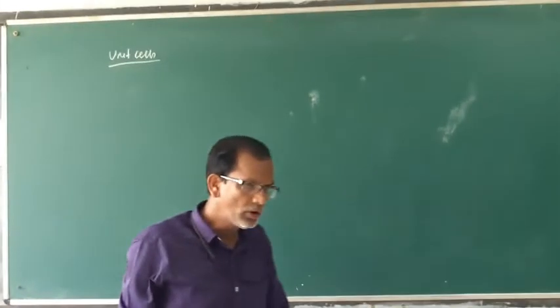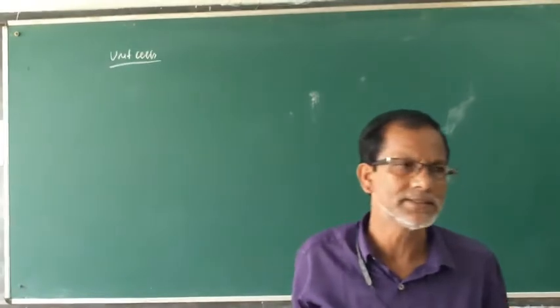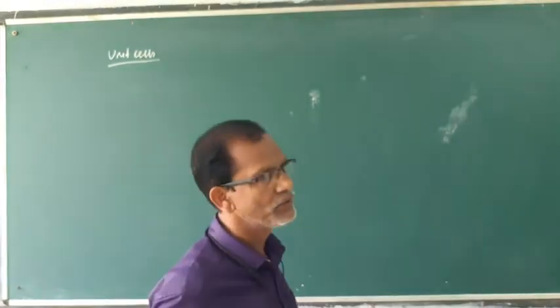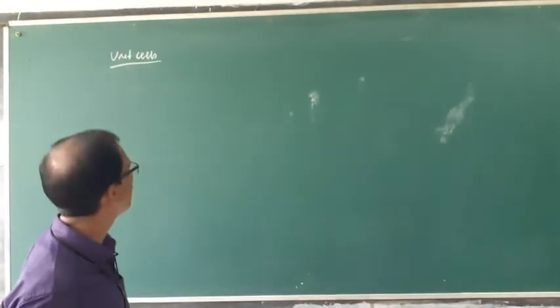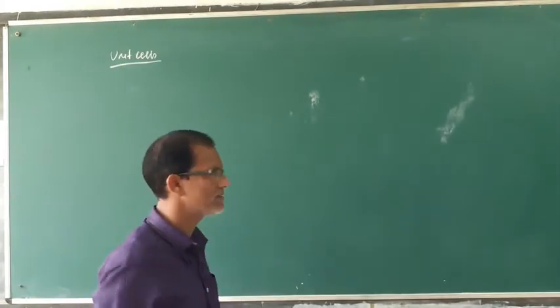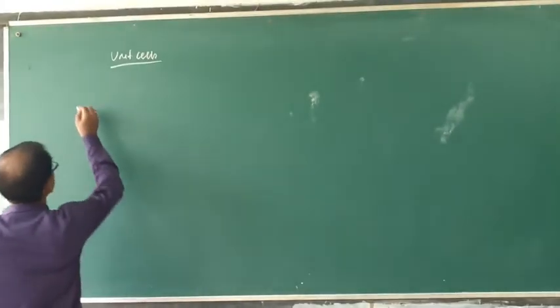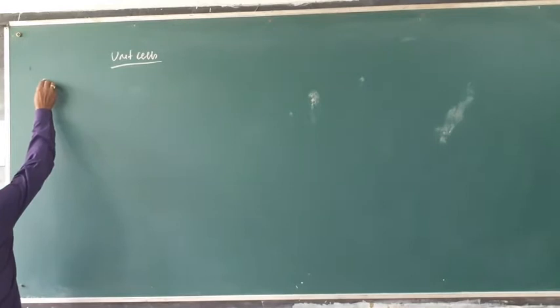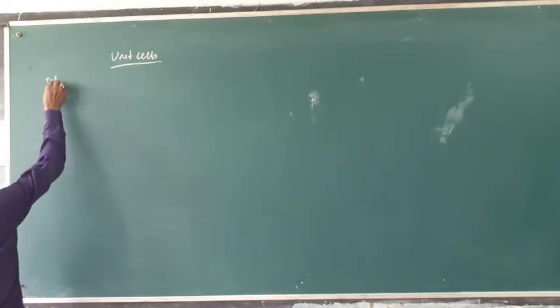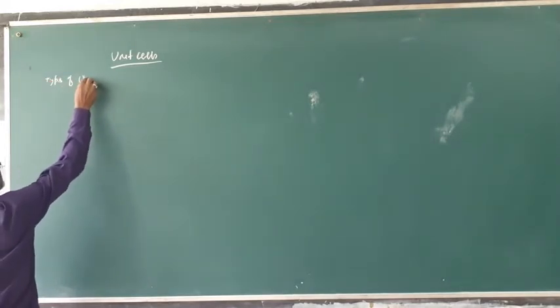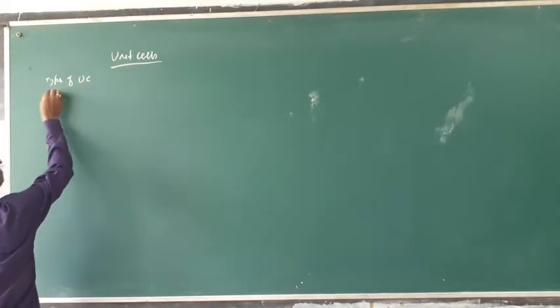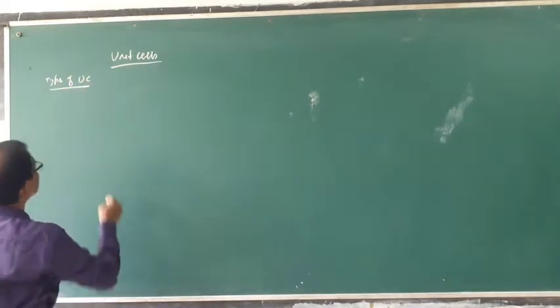Generally, for all cubic type of unit cells, there are 4 types of unit cells on the basis of how their lattice points are formed. What are these? Types of unit cell. What are the types of unit cells?